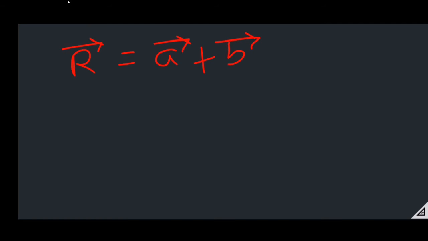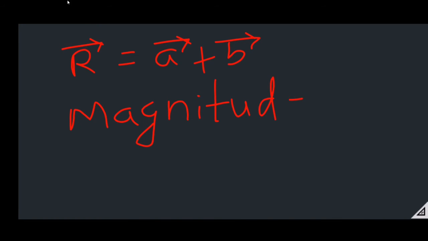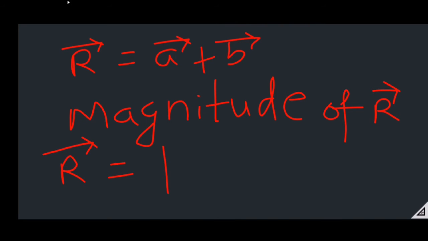Now, let's calculate the magnitude of the resultant. The magnitude of R vector is obtained by R equals modulus of A vector plus B vector.